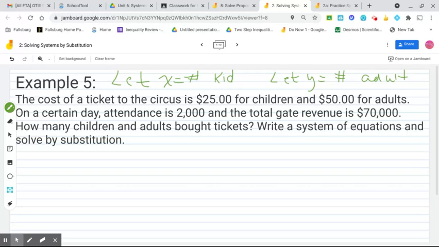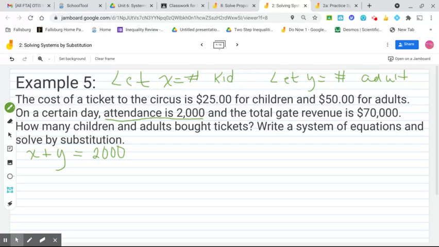The first thing that we know is that the attendance is 2,000. 2,000 people attended the circus. So the number of kid tickets plus the number of adult tickets, that's how many tickets altogether there were, and we know that's 2,000. So our first equation is kid tickets, which is x, plus adult tickets, which is y, equals 2,000.